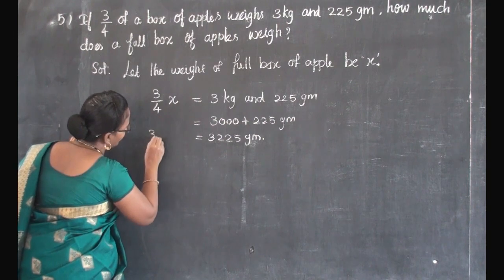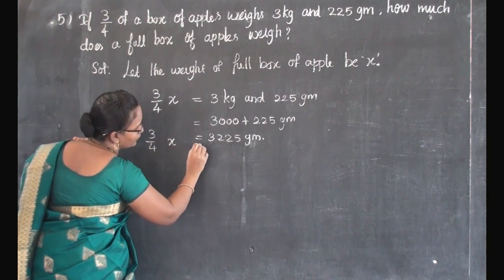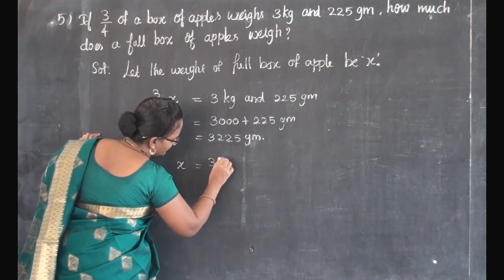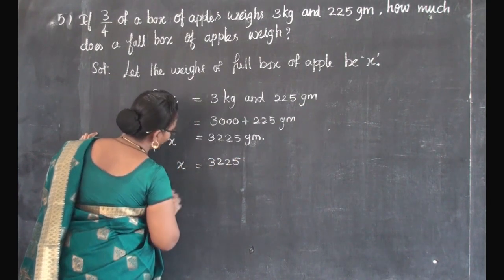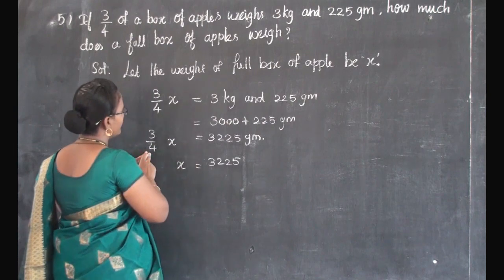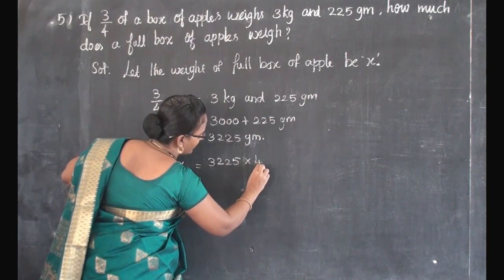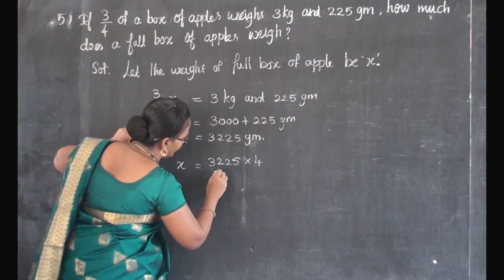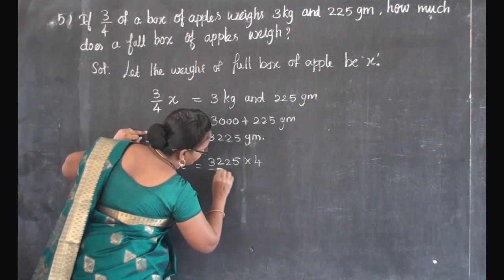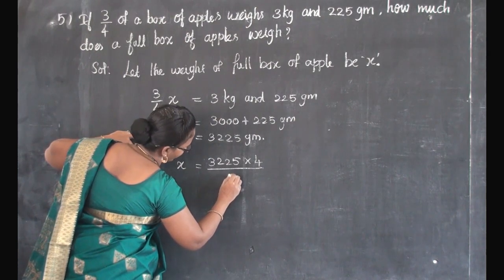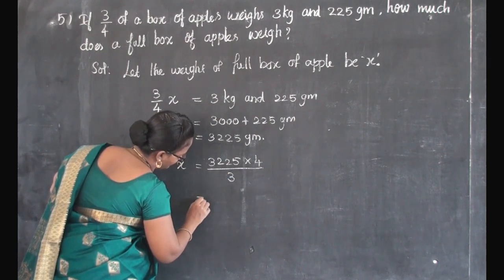So 3 by 4 of x equal to 3225. Now x equal to 3225. Here the 4 is in division, so we bring the 4. It becomes multiplication. And here 3 is in multiplication. Bring the side means it will become division.